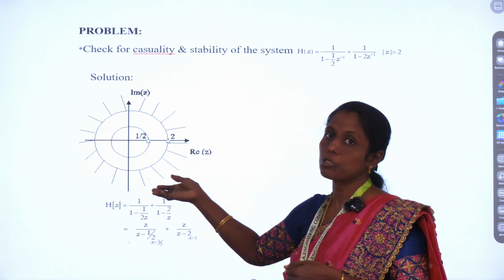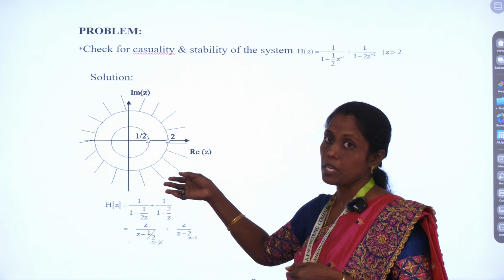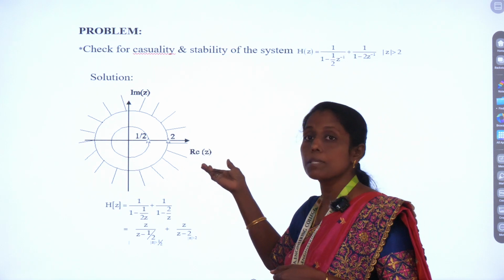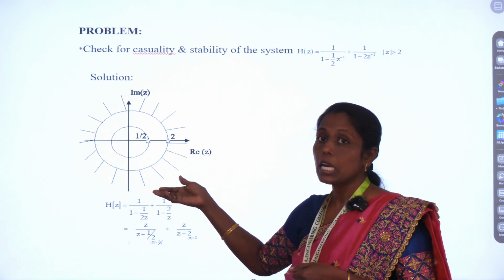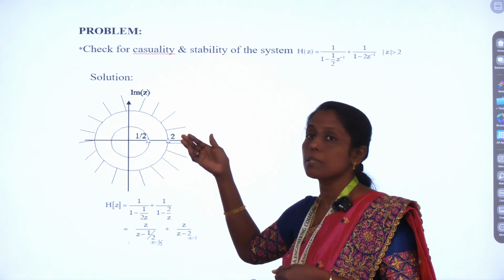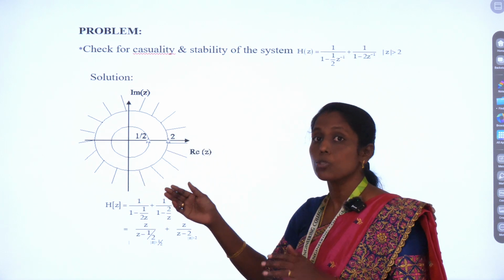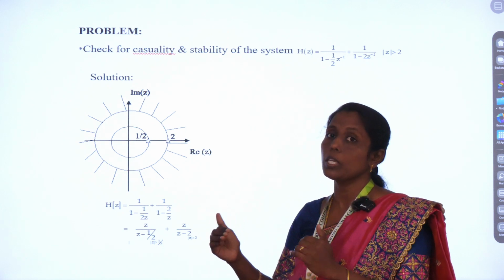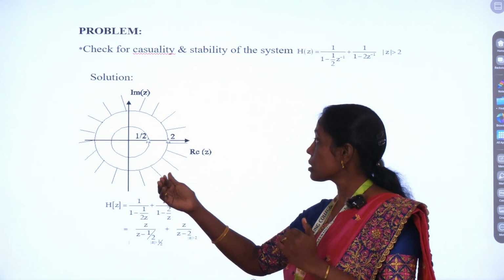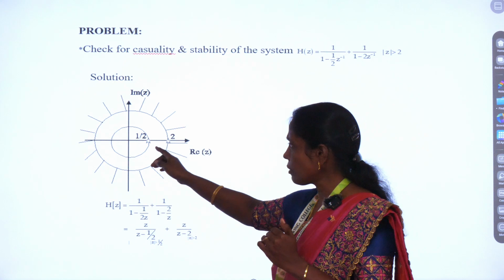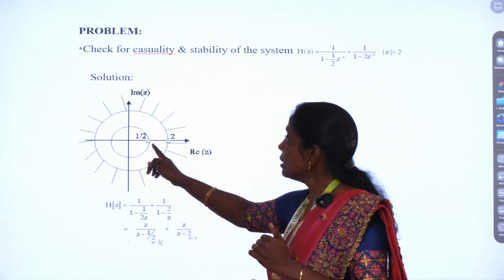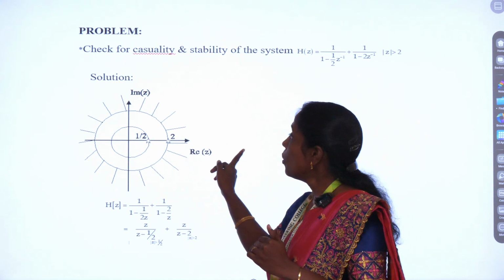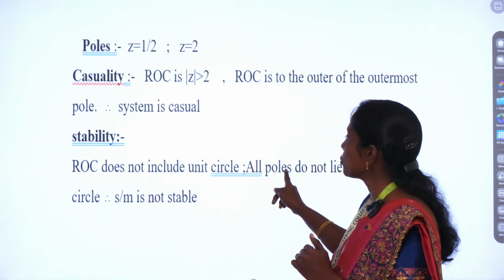Next, we have to check for the stability of the system. So how to check whether the system is stable? What is our condition? Our condition is if the system is stable, the ROC should include the unit circle. So where does the unit circle lie? Unit circle means it lies in between 1 by 2 and 2.